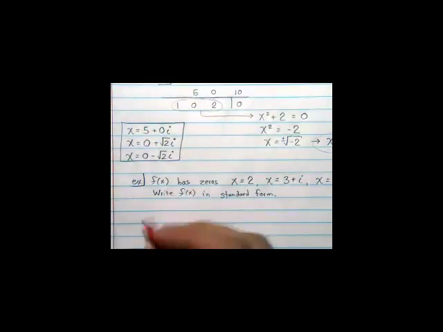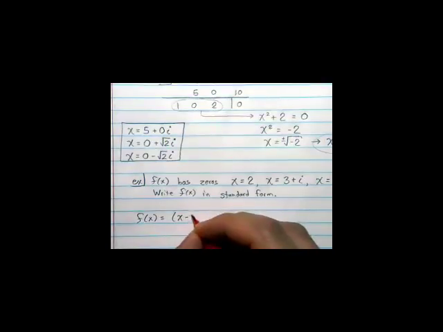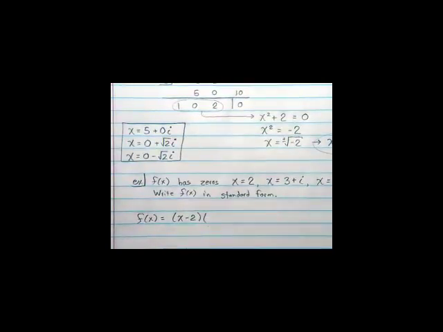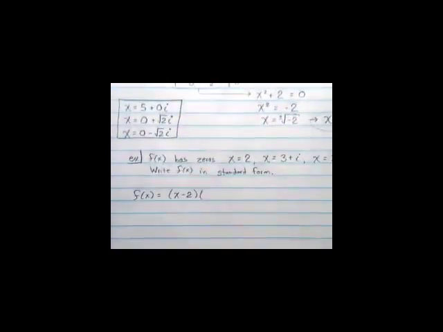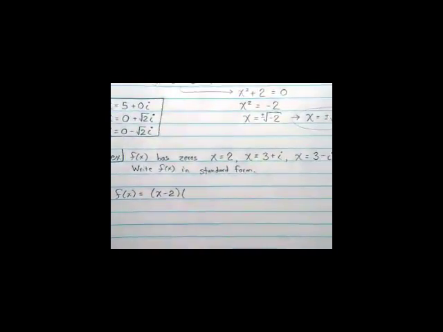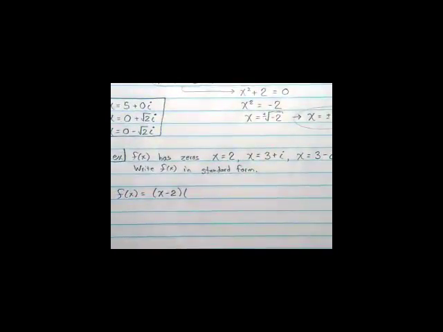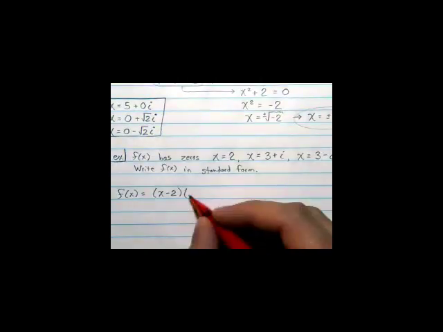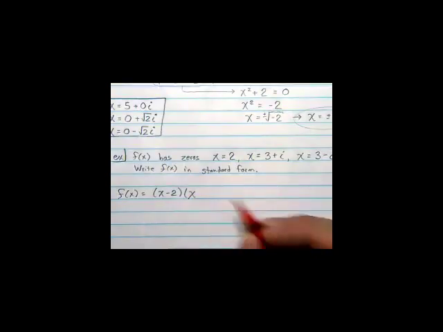All right, so f of x. Each of these I'm going to turn into a factor. What's the factor that goes with x equals 2? x minus 2. Okay. The factor that goes with 3 plus i. Nope, we're just talking the factor.